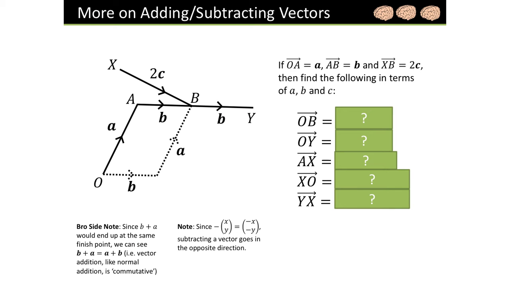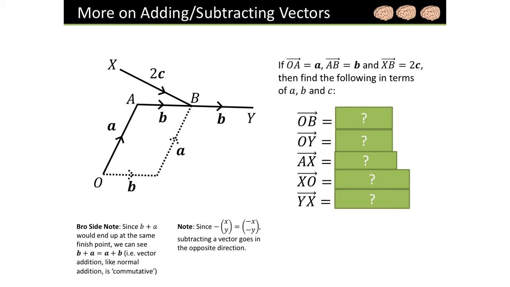Okay, here we go. This is what I'm talking about. Have I got a grid? Have I got numbers? No, this time I just have vectors. So, we're going to go through this together. Okay, how do I go from O to B?